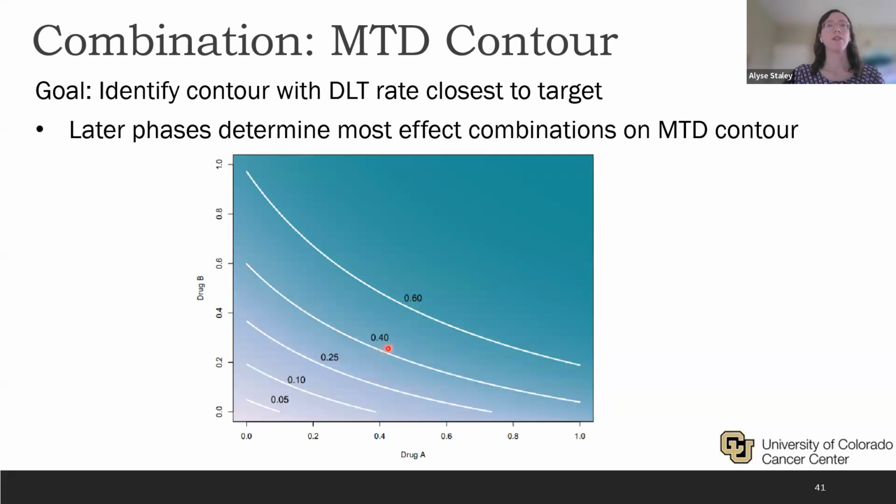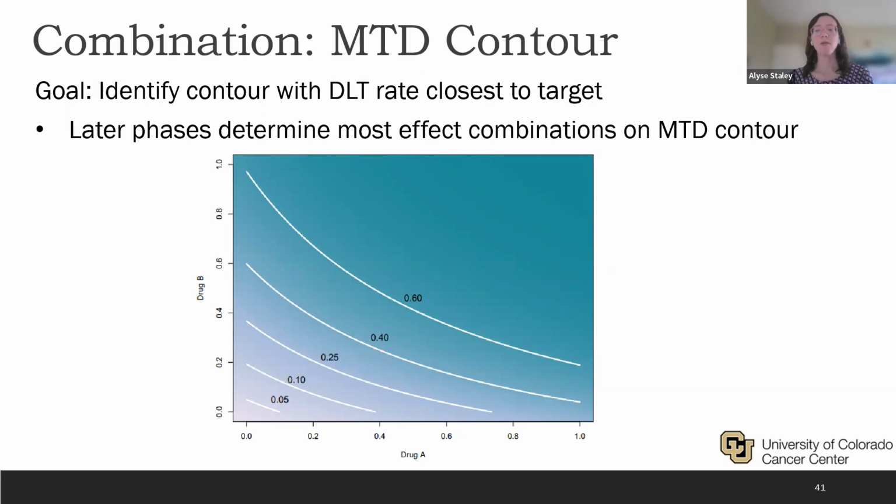For example, on this contour, we have a DLT rate that's estimated to be 0.4. And this can be achieved through a high dose of drug B and a low dose of drug A. And it can also be achieved with a high dose of drug A and a low dose of drug B, or perhaps somewhere in the middle.